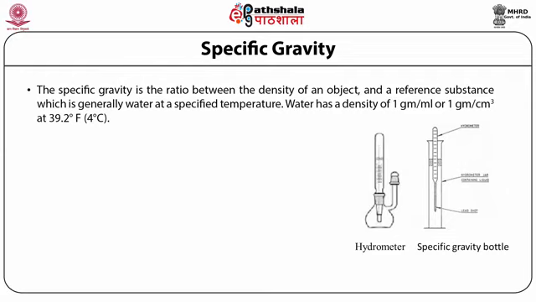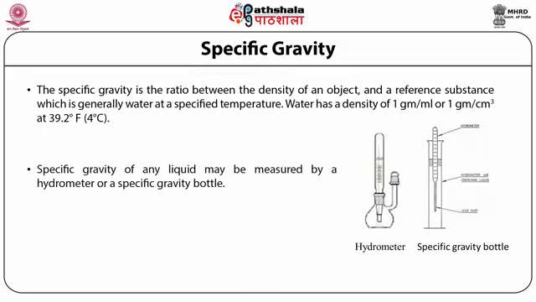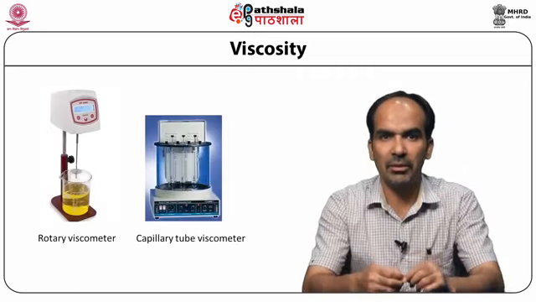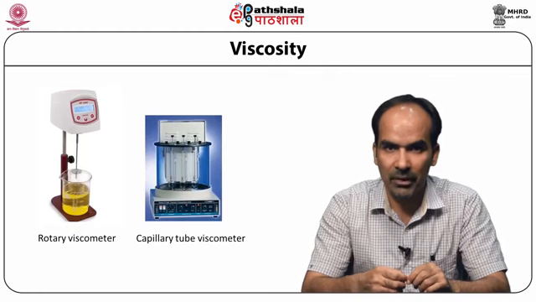We have substances heavier or lighter than water, so specific gravity is the ratio of the density of a liquid to the density of water. We can determine specific gravity using a hydrometer or a specific gravity bottle, as shown in this diagram.